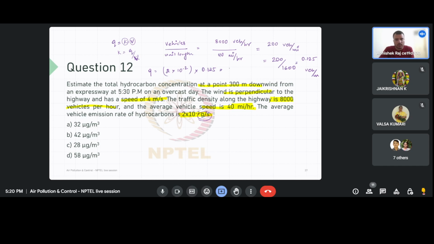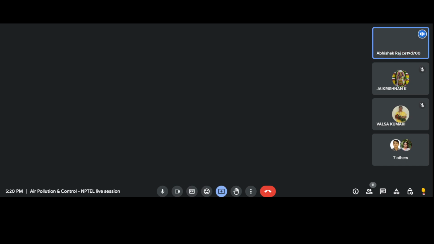So this will come out as, let's do it correctly, 2.5 times 10 to the power minus 3 grams per second meter. So the vehicles part will go away because this is an average vehicular emission rate, so this will be per vehicle and we have vehicles per meter. So now we have the emission rate, which will be per unit length.